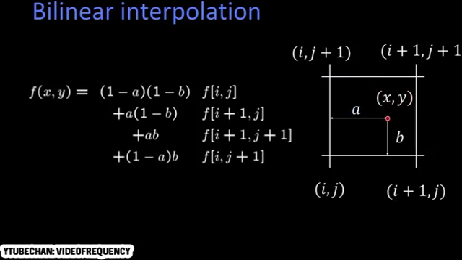A much better way, and perhaps the simplest computational way, is called bilinear interpolation. Bilinear interpolation basically says that I figure out the value in the x direction along both the top and the bottom, and I do that by linearly interpolating between those two values, and then I interpolate between those values again using a different proportion, in this case b.